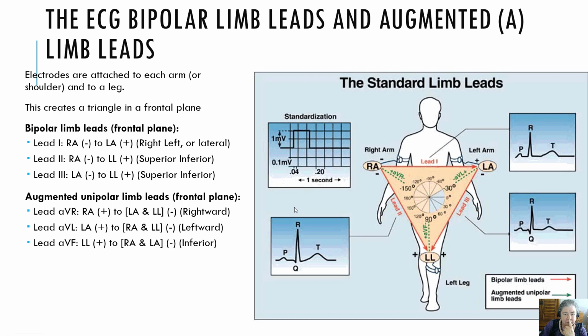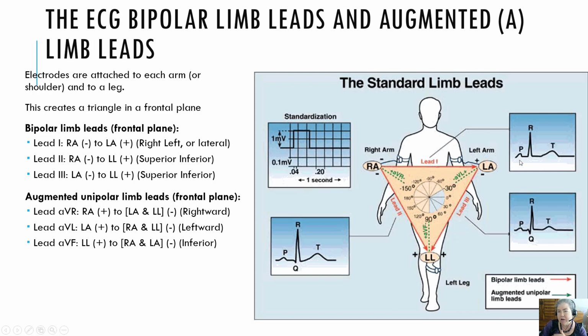Now, in addition to the standard limbs, we call these bipolar limb leads. So we have a right arm to left arm, which is from a negative to a positive, and we're looking for movement in that direction. A positive charge flowing in that direction will cause a positive deflection.